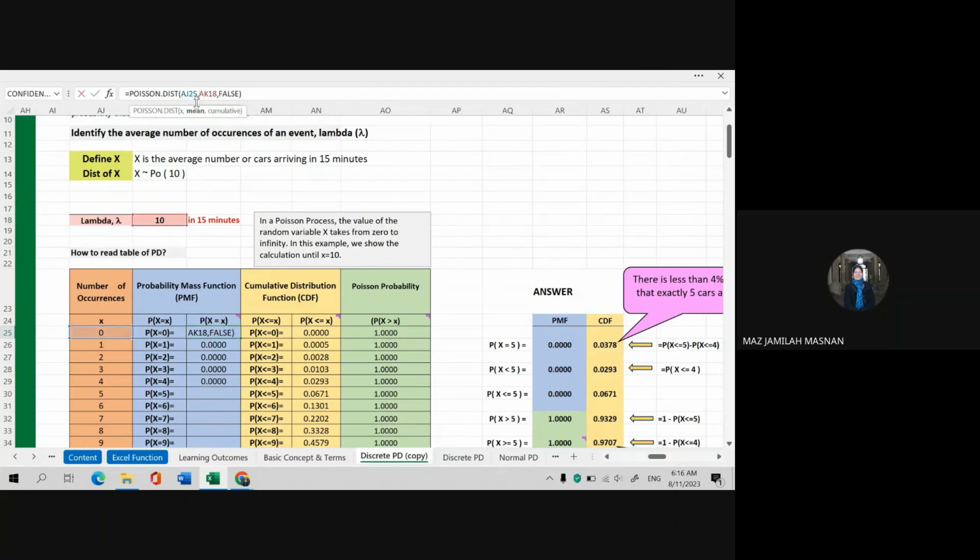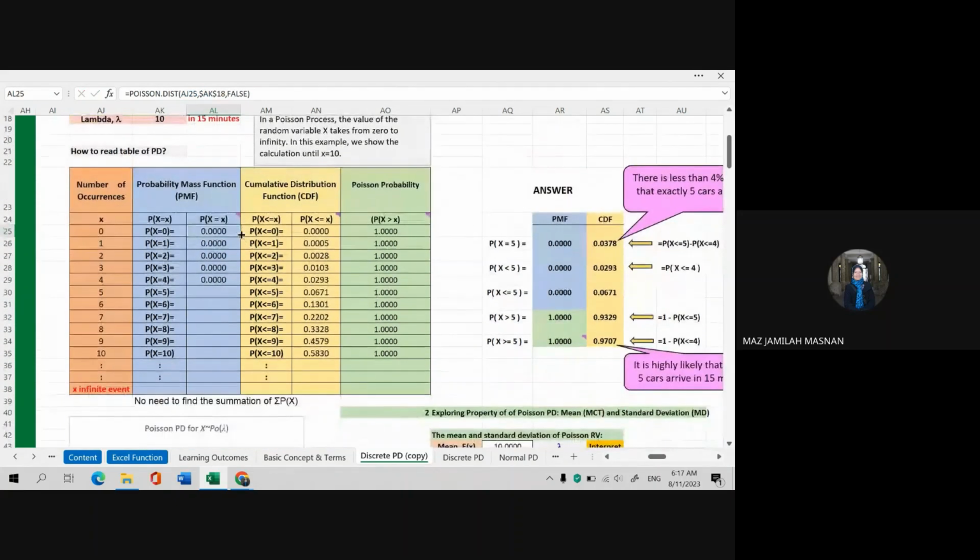So you put the $ sign in the location of the column, and then enter. See, I put $ sign before A, $ sign after K, and then you can look at the location of the cell in the red cell, so you can just press enter. Once you have done that, you can drag down until 10.